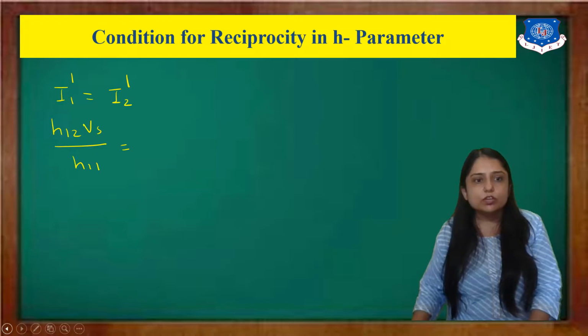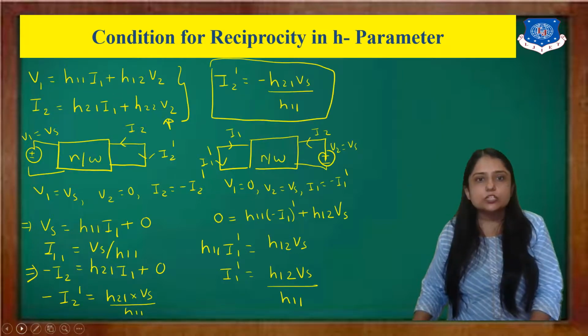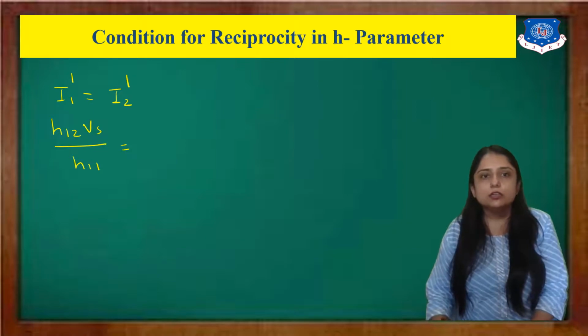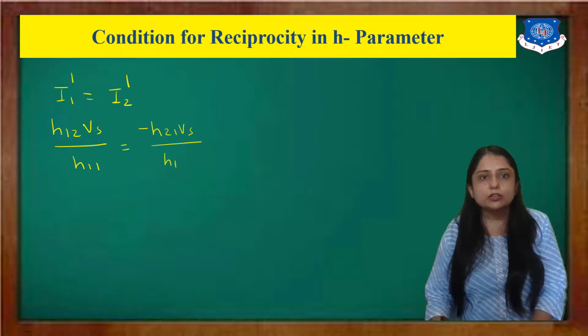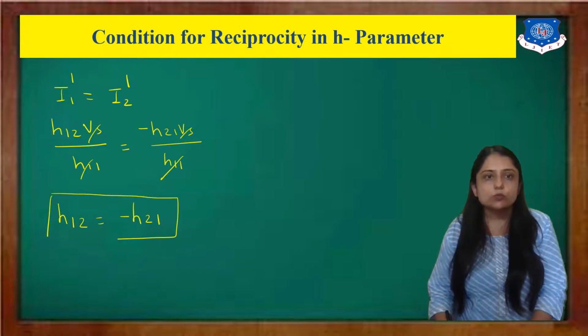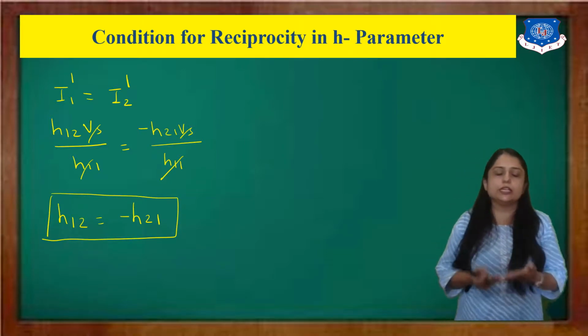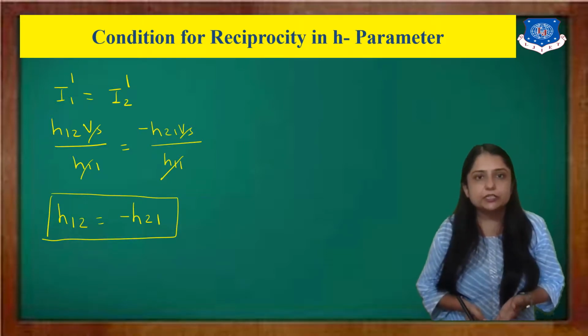Now, you just check what is the value of I2 dash, that is minus H21 into Vs upon H11. Now Vs is cancelled. Then the condition is H12 that equal to minus H21. This is the condition for the reciprocal network in case of H parameter.